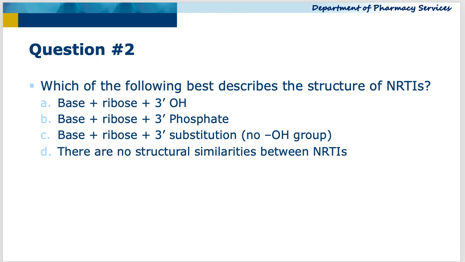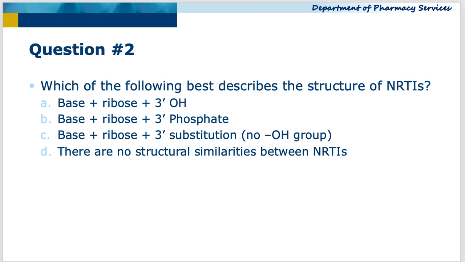So we'll move on to NNRTIs, but before we do that, I have a second pop quiz question to go over with you. Which of the following best describes the structure of NRTIs? As if I didn't talk about that enough. So between all of the agents, if you can remember correctly, an NRTI has a specific substitution at the 3' position that does not allow for chain elongation, and that essentially ceases transcription.